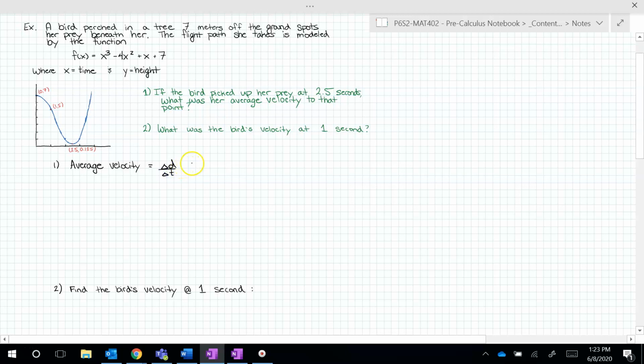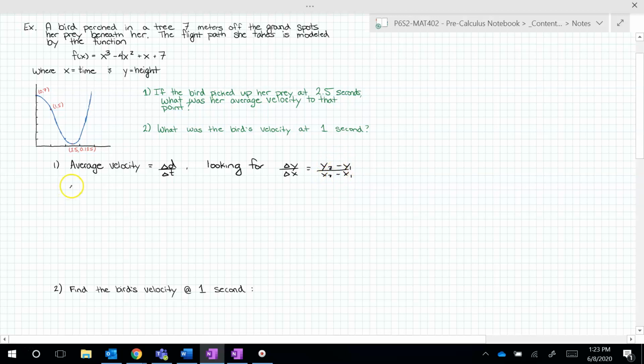In the case that we have here, my distance is represented by the y values, and the time is represented by the x values. So what we are really looking for is my change in y over change in x, which is y2 minus y1 over x2 minus x1, my change in heights and my change in times.